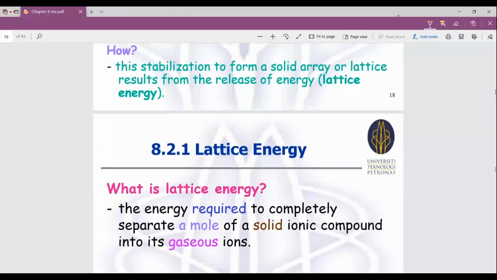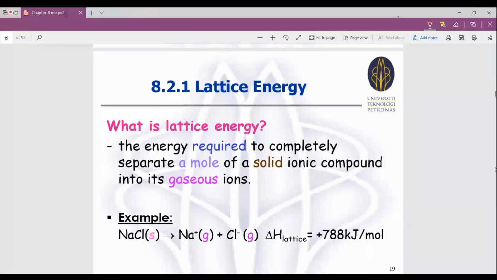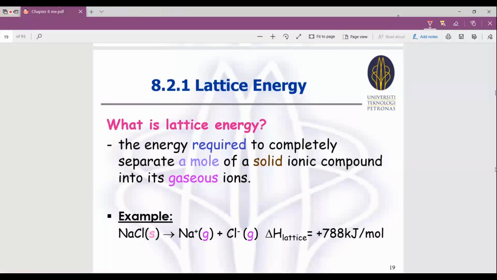Alright, so the energy that we call lattice energy just now, the energy released from the exothermic formation of NaCl, we call it lattice energy. So lattice energy is the energy required to completely separate 1 mole of a solid ionic compound into its gaseous ions.